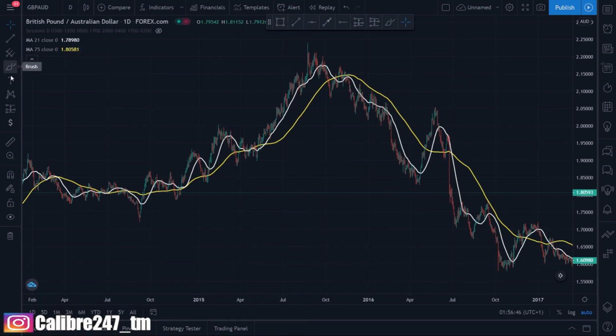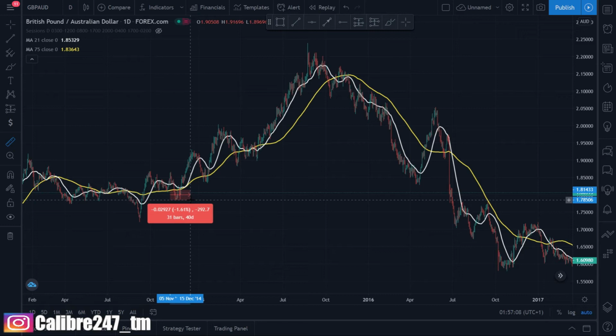So what's happening here is we're going to calculate the pip value of the fake out. From the yellow line just about there all the way to where the market faked out, you can see the pip value is 292 pips.